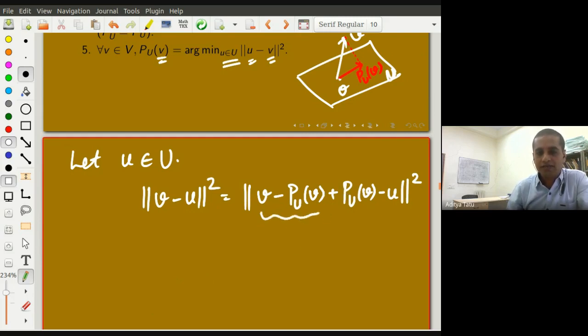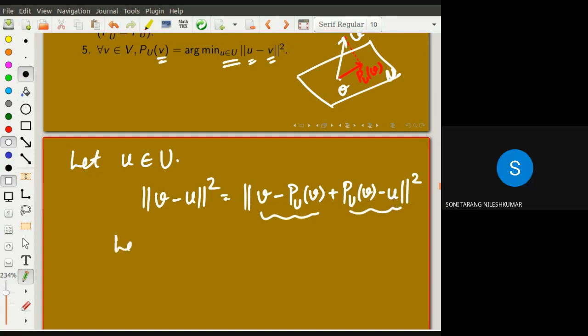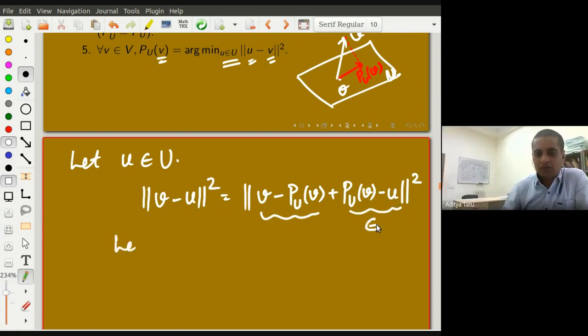Now what can we say about this vector and this vector? What can you say about PUv minus u? It belongs to the subspace U. And how about this vector?